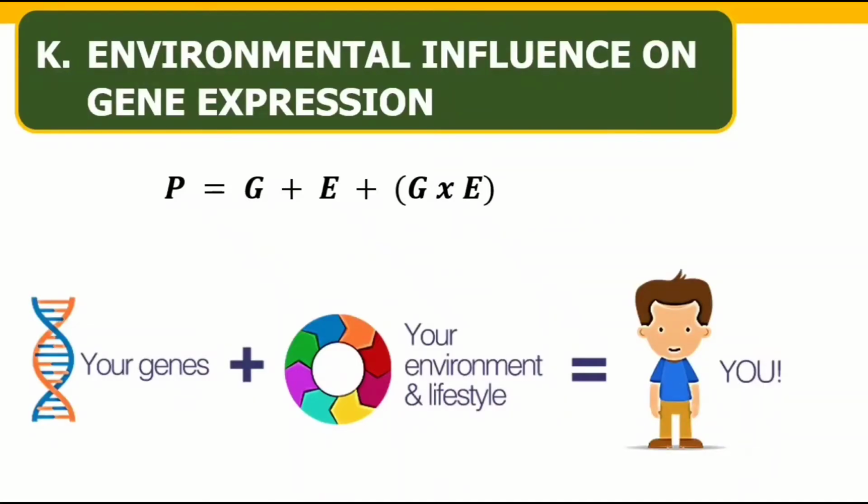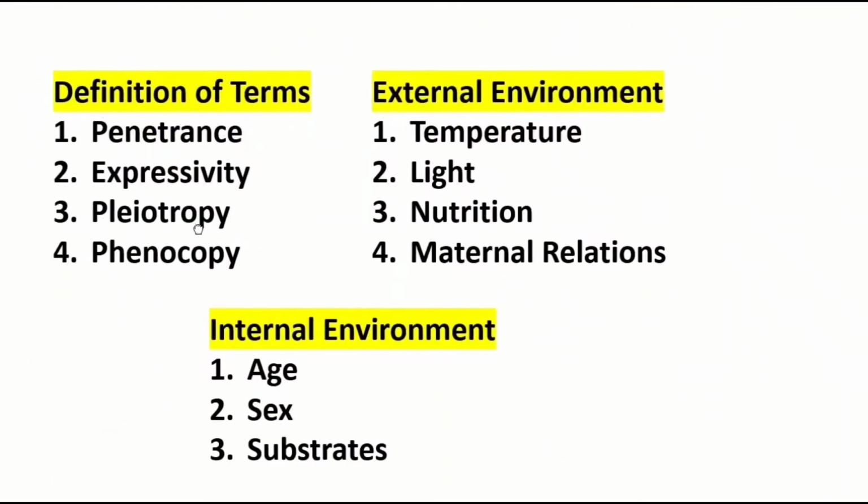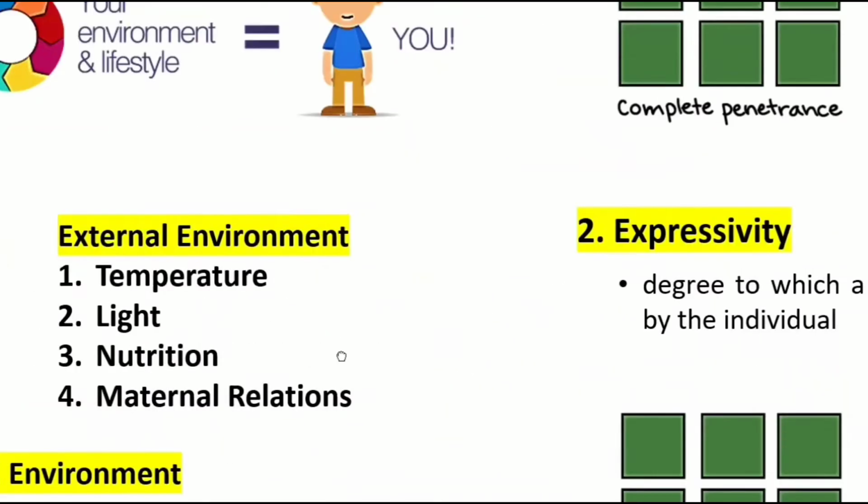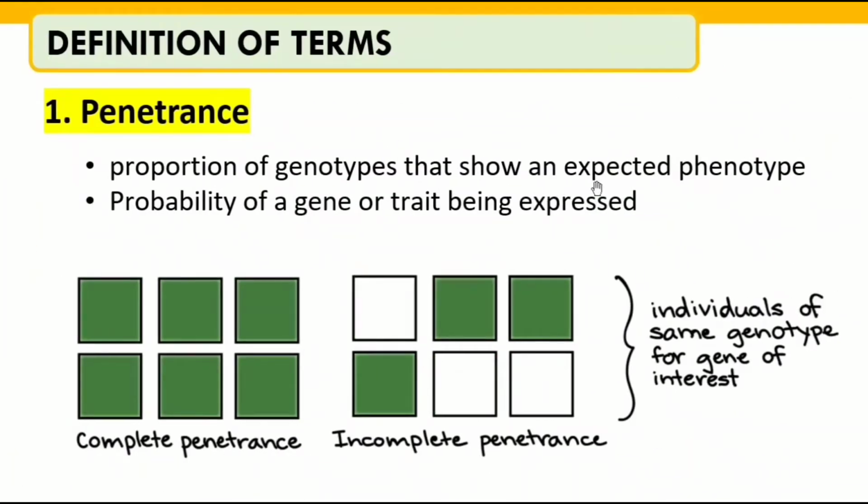For a particular defined environment. Okay, so let's proceed now to the definition of terms. So, ang discussion for this topic, for this environmental influence on gene expression will be divided into three. Una, definition of terms, and then external environment and the internal environment. So, let's start with the definition of terms.